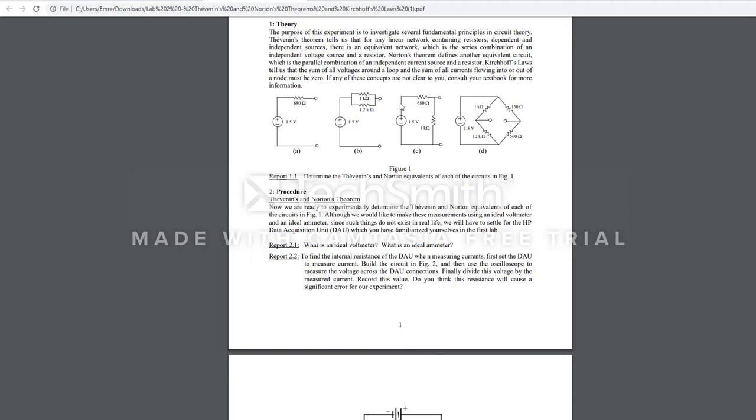Now let's construct our third circuit, the one in figure 1C. Now it will be different than 1.5, because the voltage will be divided across the two resistors. Now let's construct it.